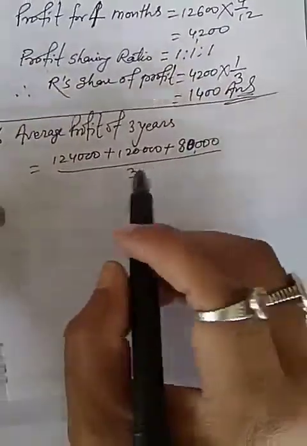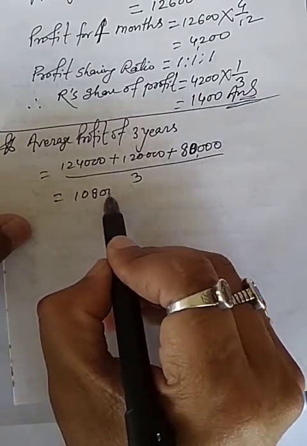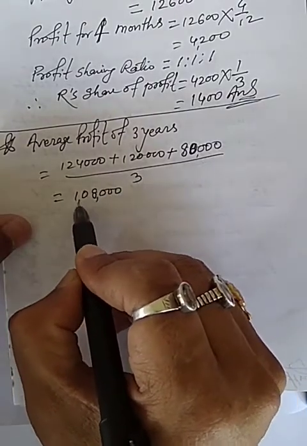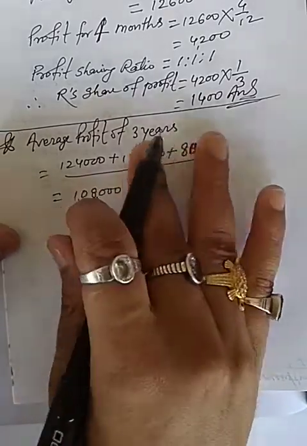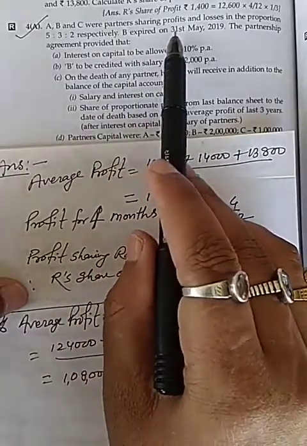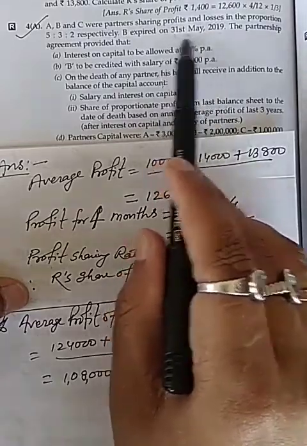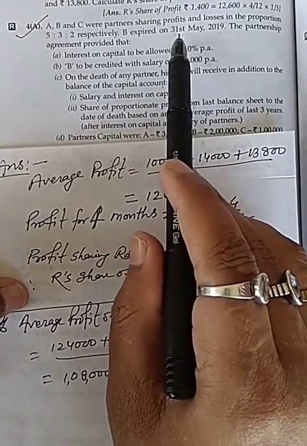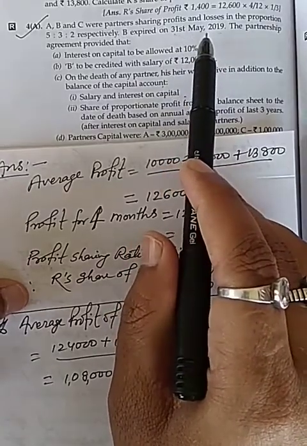Now it will be 1,08,000. B expired on 31st May 2019 and the year closes on 31st March, so it will be 2 months.